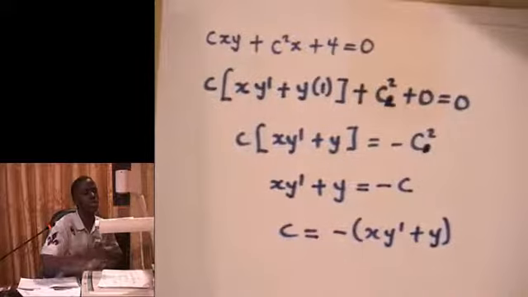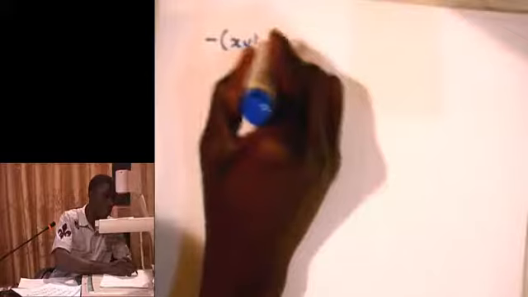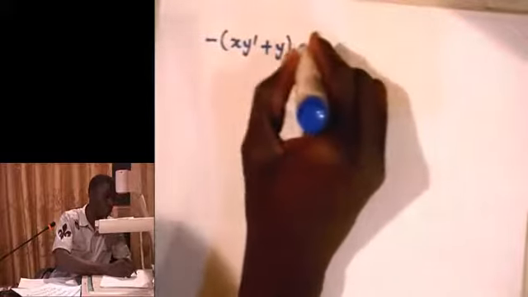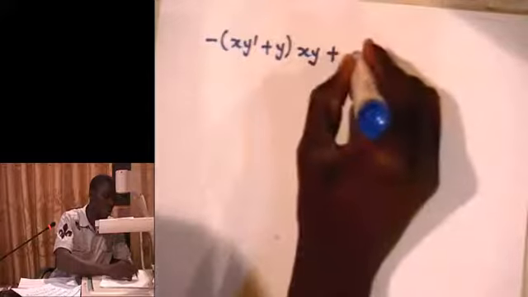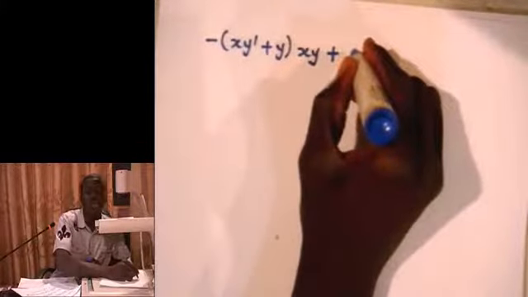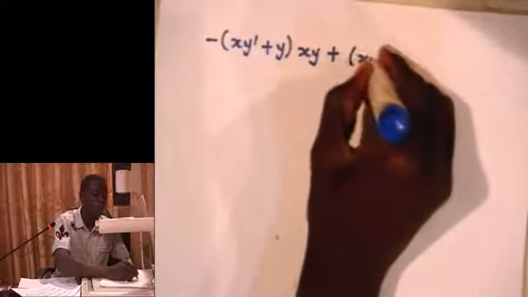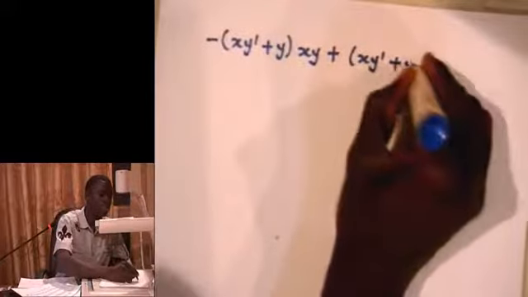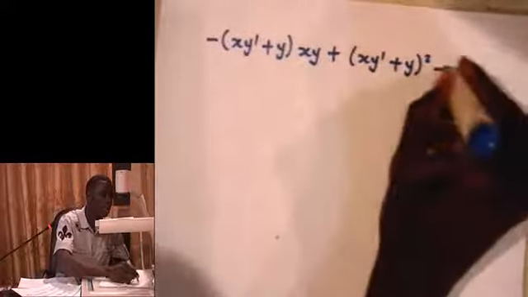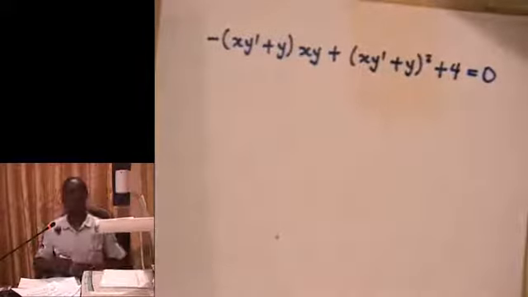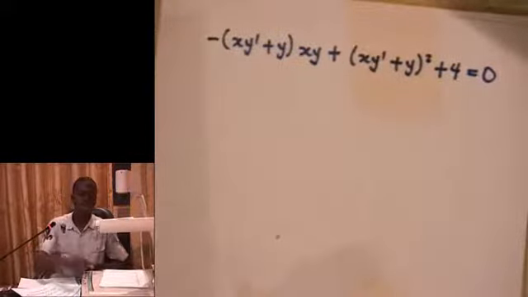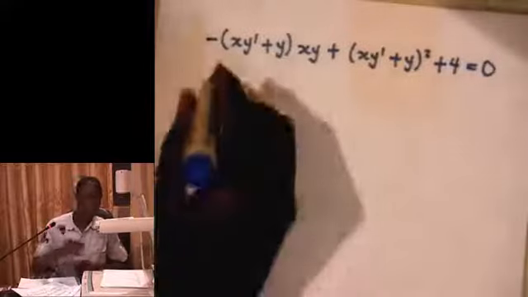So replace this in the main equation. What do we have? Minus (xy' plus y) times xy plus, when you square it, the negative sign goes out, (xy' plus y) all squared plus 4 equals 0. You can leave it at this level but simplify it to make it look nicer.